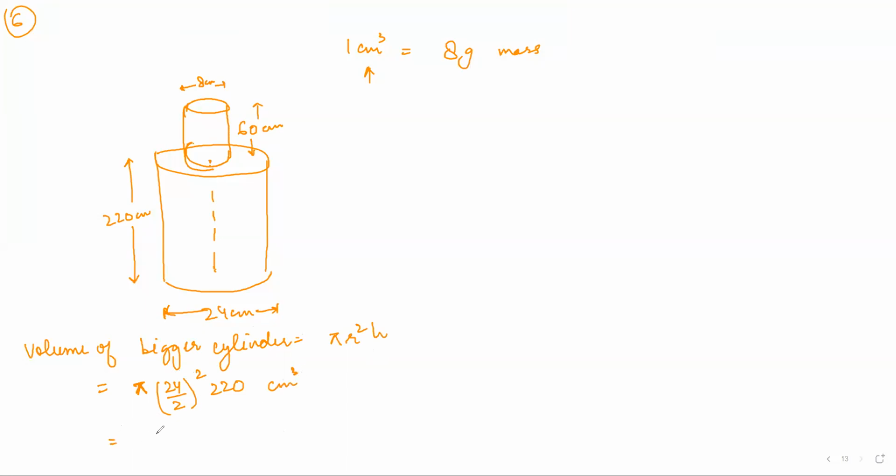So this is pi into 12 into 12 into 220. Now can you multiply this? 12 into 12 is 144. So you multiply 144 by 22. So I'm getting 31680 pi centimeter cube, right?